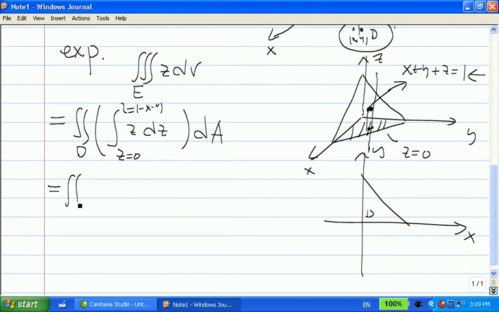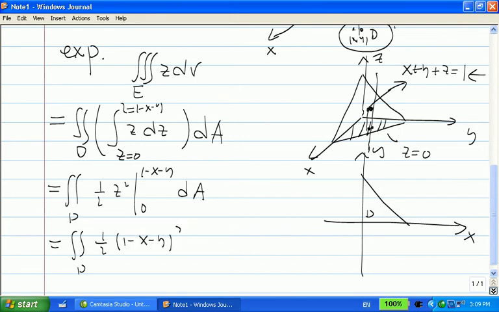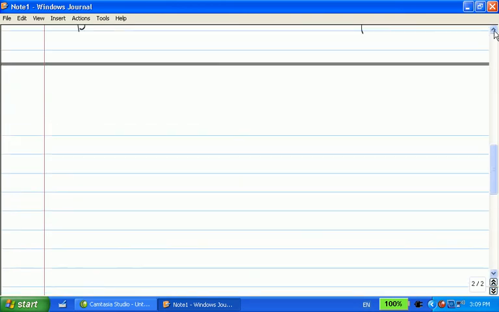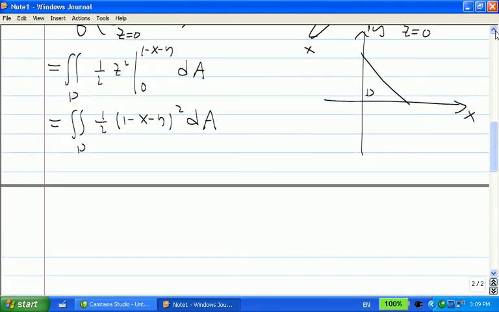Now you integrate the inside one with respect to z, which gives you 1/2 z squared evaluated at 0 and 1 minus x minus y, dA. So that gives you 1/2 (1 minus x minus y) squared dA. So this tells you how we can change a triple integral to a double integral.